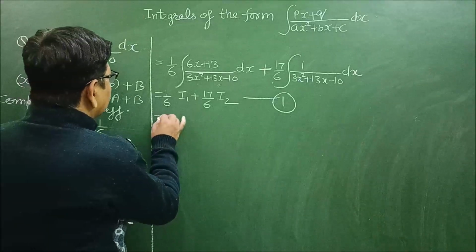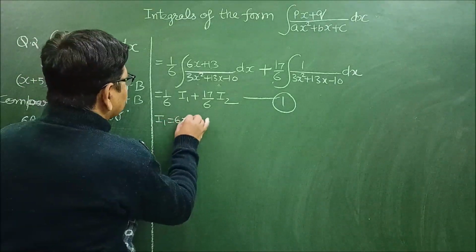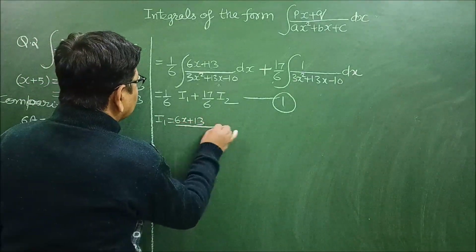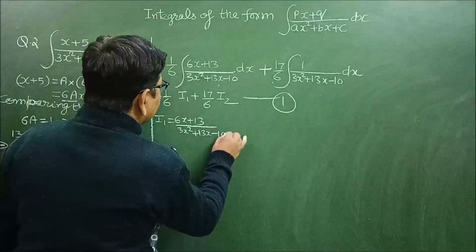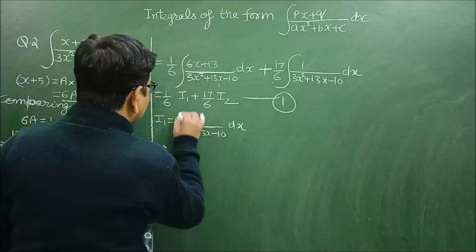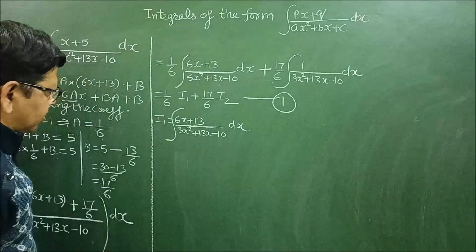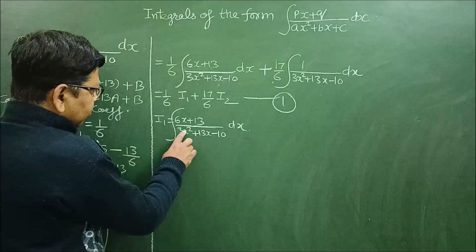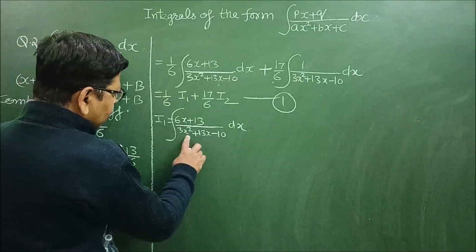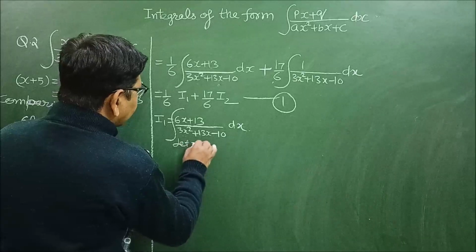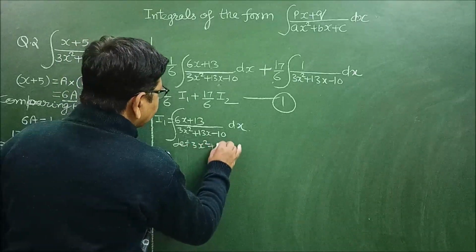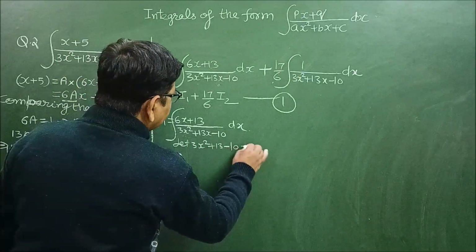I1 is here 6x plus 13 upon 3x square plus 13x minus 10 dx. Because the derivative is in the numerator, let the denominator be equal to u. Let 3x square plus 13x minus 10 is equal to u.